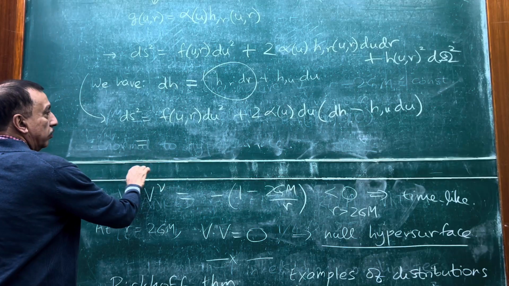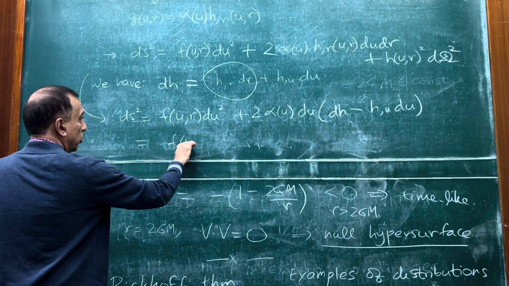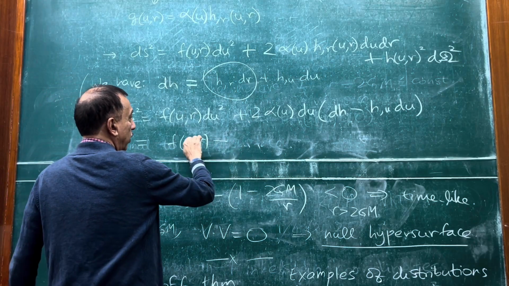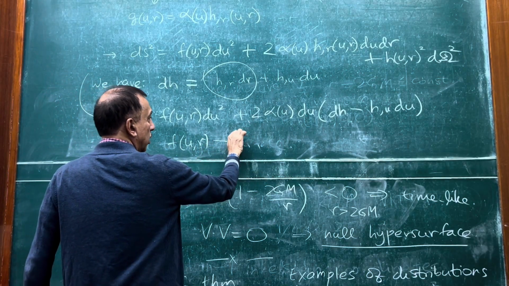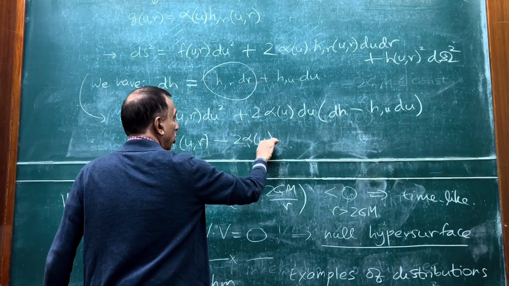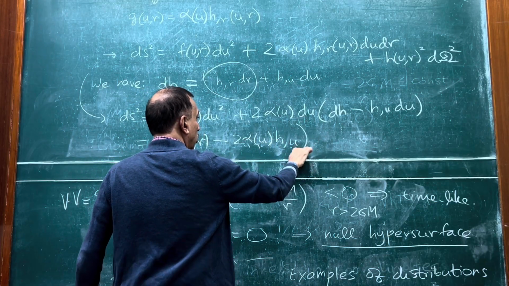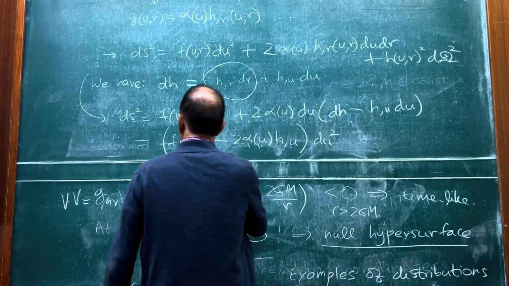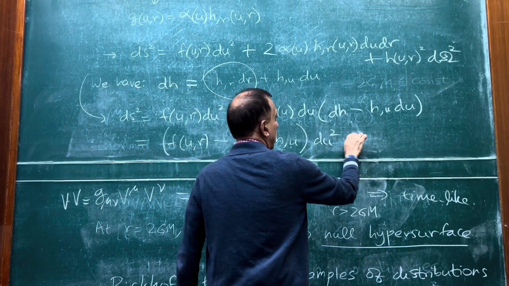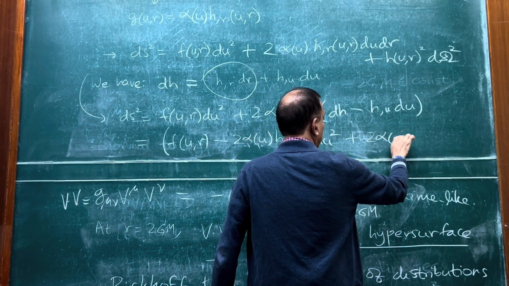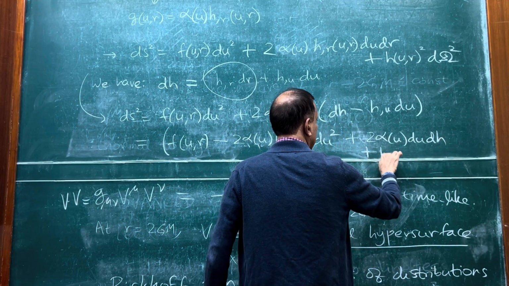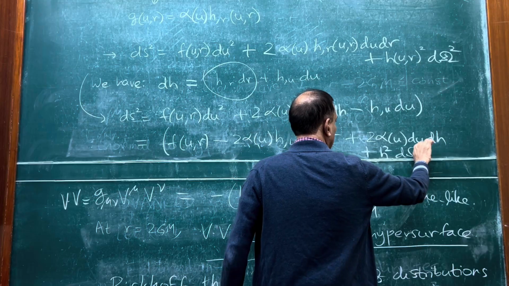And you can probably see where I am going with this. So now I have a new term in du squared, so I have to collect it. So it's f of u comma r minus 2 alpha of u H comma u, whole thing, du squared, plus 2 alpha of u du dH plus H squared d omega squared.